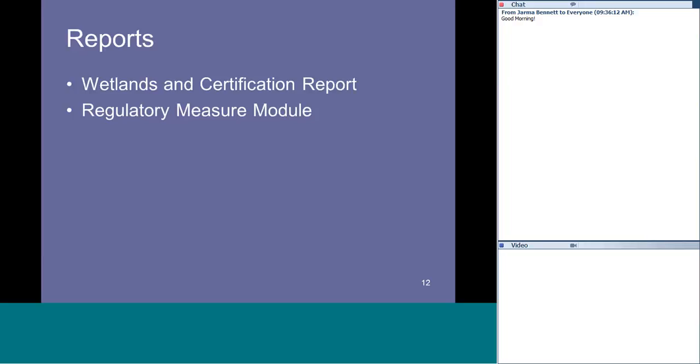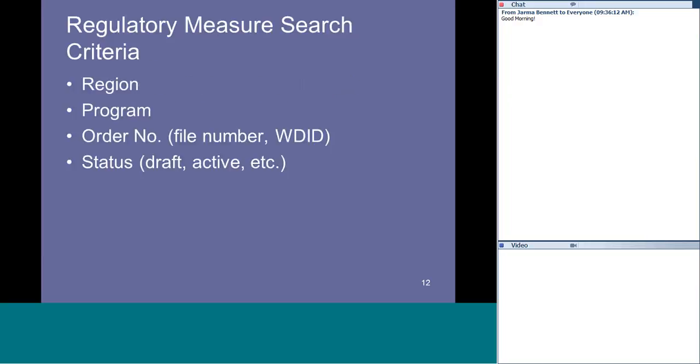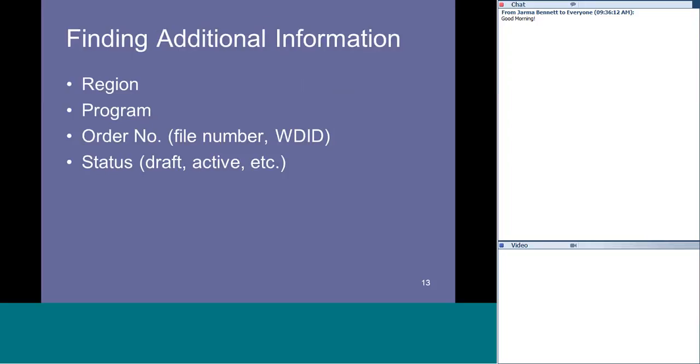And if you just wanted to know how many regulatory measures were out there for this program, either certifications or WDRs related to the Wetlands and Certification Program, you could just do a regulatory measure search and export it into Excel and sort it or filter it, and that would be one way to get the data. We also have a number of other reports in SWRCB. Those are just the 2 that I thought would be interesting. And again, through your regulatory measure search, you could use a number of criteria to do your sorting or filtering on.